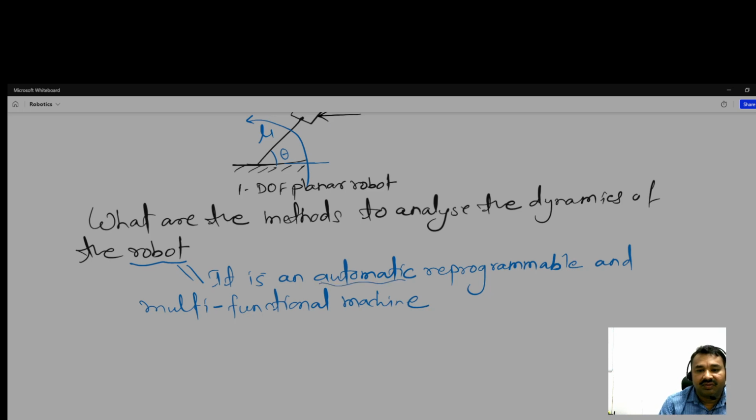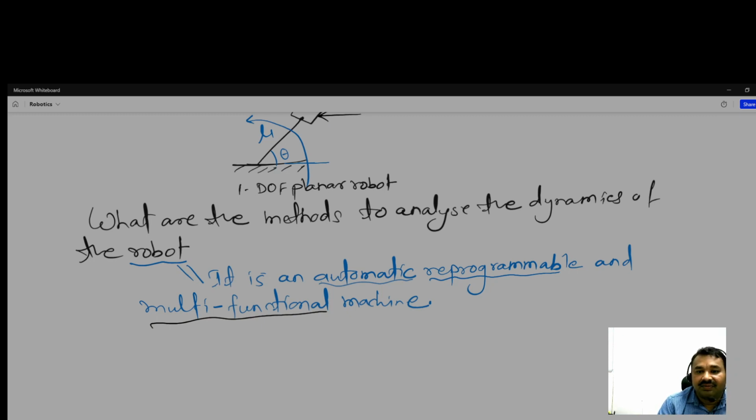This automatic you can put here before machine. So this is the basic definition of the robot. The two keywords are reprogrammable and multifunctional. That's why a CNC machine is not a robot. Washing machine is not a robot, due to limitations of reprogrammability and multifunctionality.